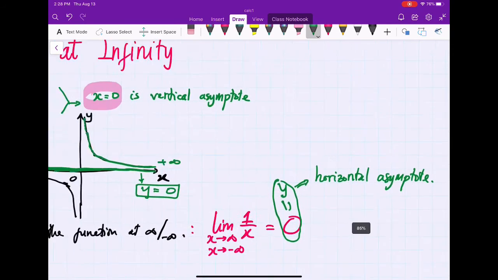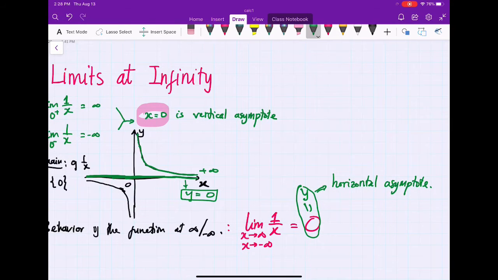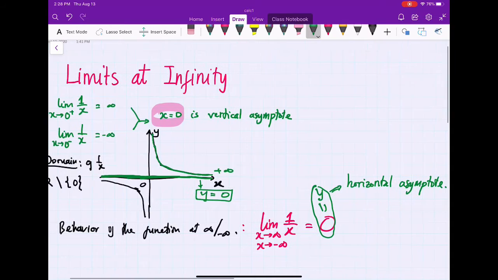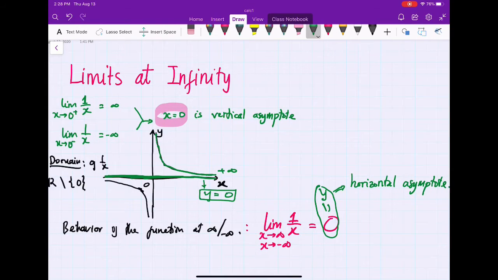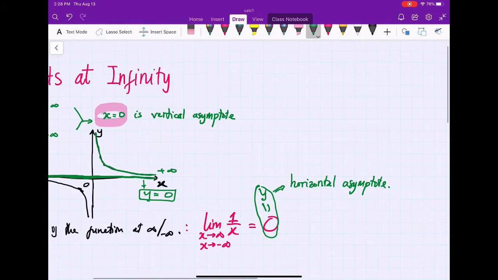You see, we learn the behavior of a function at some point. If the limit of that function exists and is a finite number, so we don't have a vertical asymptote over there. Do you remember that? Because that discontinuity is removable, right? But if that discontinuity is not removable and the limit, one side limit at least, equals infinity, so we have a vertical asymptote. And now, if the limit of that function at infinity is a finite number, then that horizontal line is a horizontal asymptote.